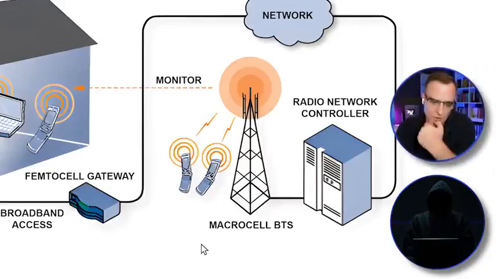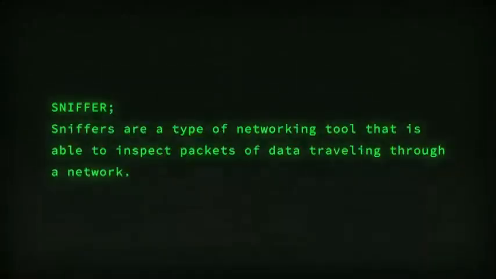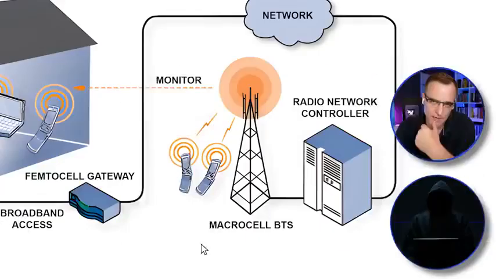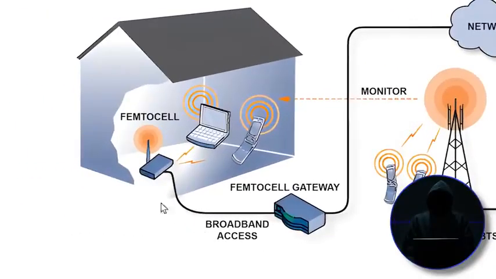My question was, couldn't you run a sniffer between the femtocell and the gateway, like in that diagram? So it's got broadband access. Could you sniff the traffic, or is it all encrypted? Well, it's all encrypted from here to here. Actually, that's part of the problem you run into: this is all encrypted, and so you have to intercept the traffic before it gets encrypted.